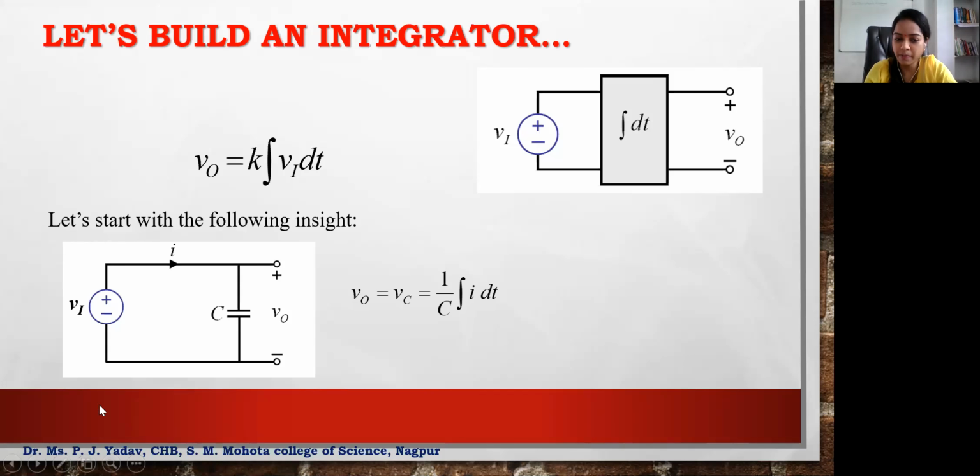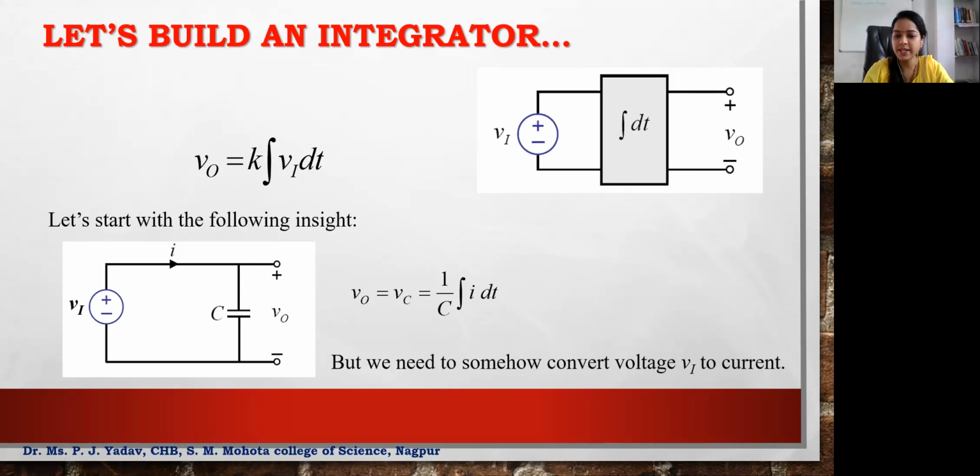This is given by the equation V out is equal to Vc, which is equal to 1 upon C times the integration of I dt. What is continuously changing is nothing but the current. Here the capacitor value C is constant, so we have kept it outside, and if we take the integration of I dt, it gives the integrator circuit. So this is how we have designed the integrator.